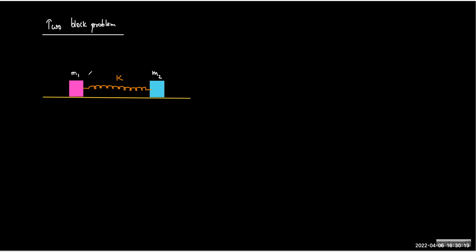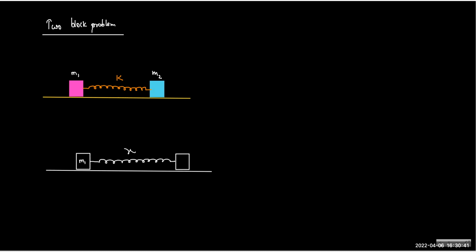What I suggest as the method of solving is to assume that the spring is compressed or elongated. Let's say the spring is elongated, or you can assume compressed, that's not an issue.